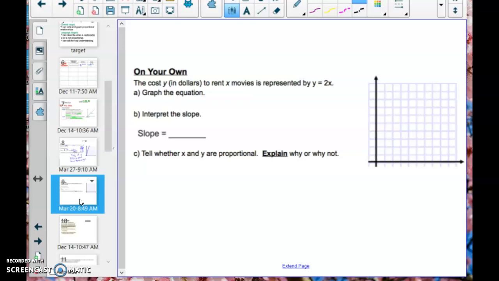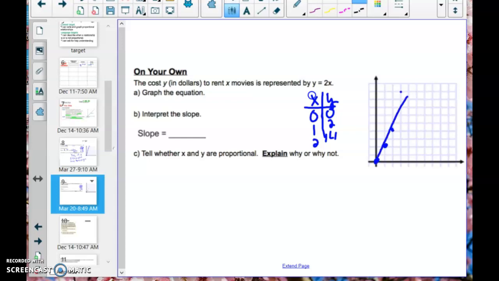Alright, to check this one, it's very similar to the last one, except now you have the cost y in dollars to rent x movies is represented by the equation y equals 2x. So just like last time, I'm going to make an xy table, 0, 1, and 2. 2 times 0 is 0, 2 times 1 is 2, and 2 times 2 would be 4. Those ordered pairs I'm going to graph.